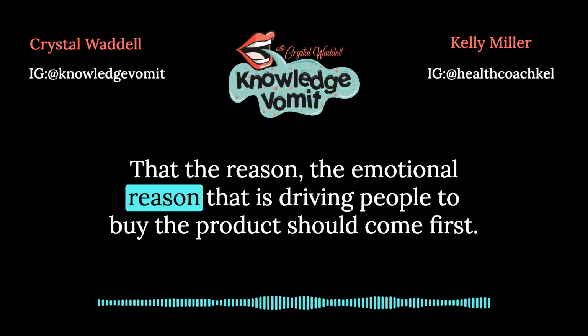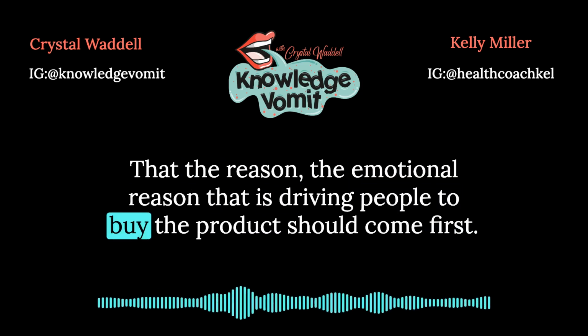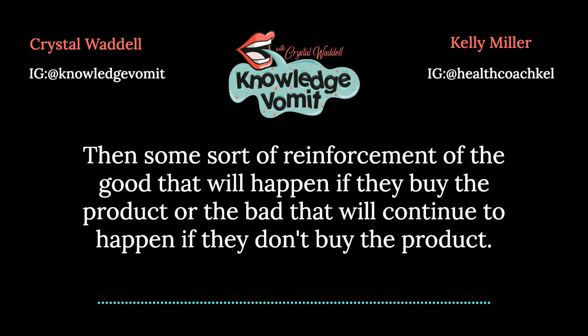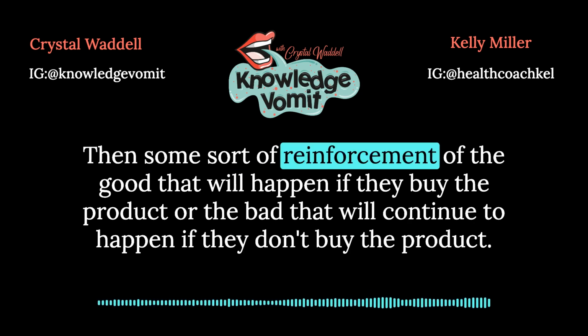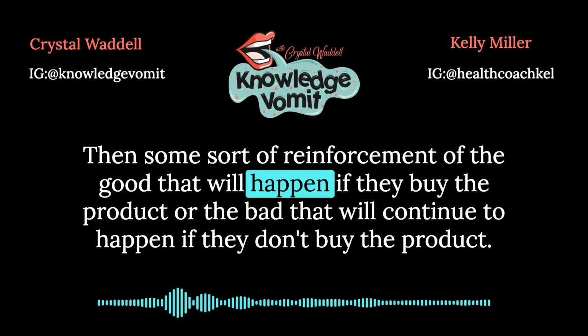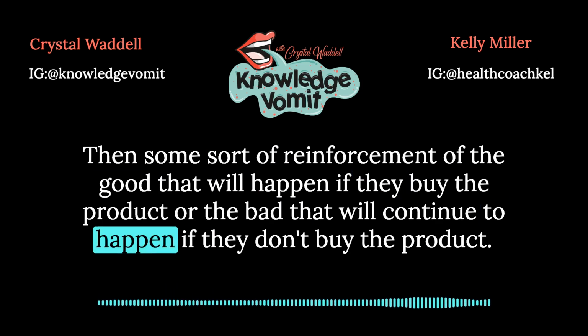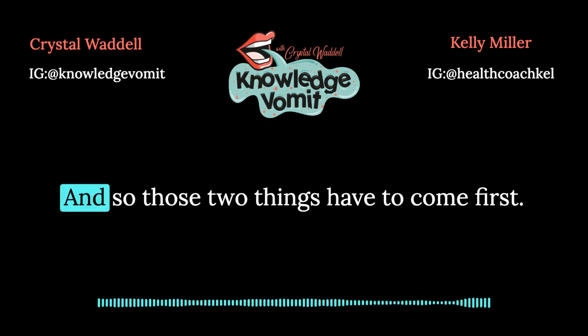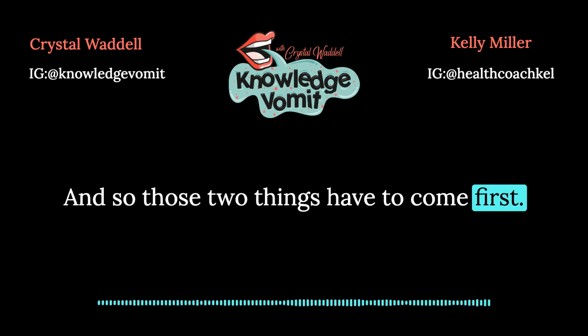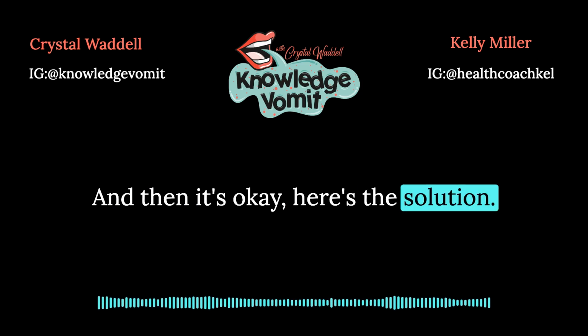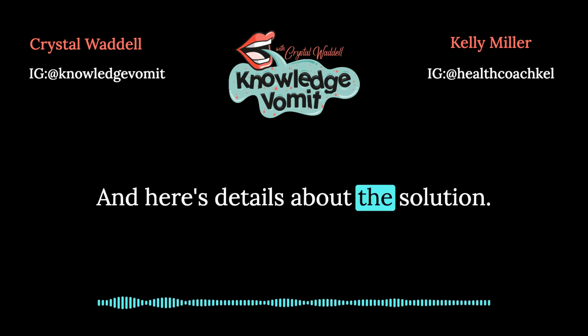The emotional reason that is driving people to buy the product should come first, then some sort of reinforcement of the good that will happen if they buy the product or the bad that will continue to happen if they don't. And so those two things have to come first. And then it's okay, here's the solution and here's details about the solution.